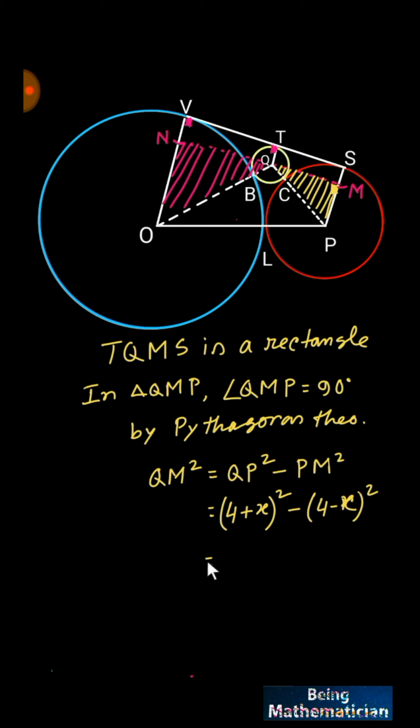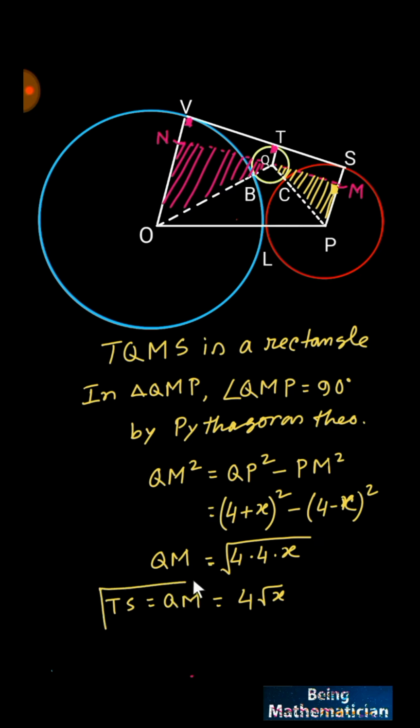Now applying the same formula, a plus b whole square minus a minus b whole square, we get 4 into 4 x. So QM must be root over 16 x, and that is 4 root x. And we know that QM is equal to TS, so TS equal to QM equal to 4 root x. We note this result.